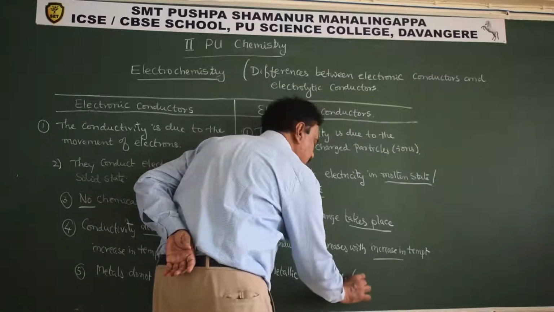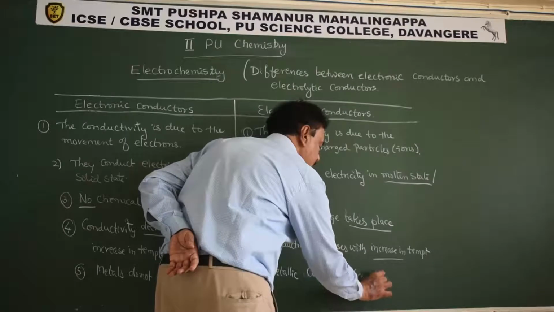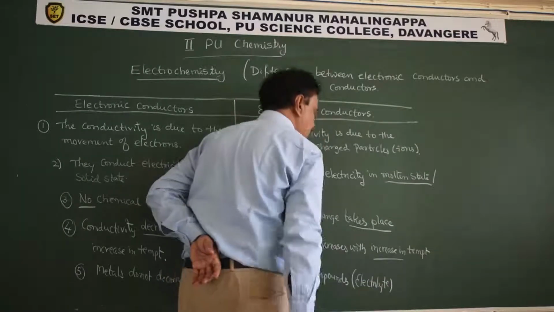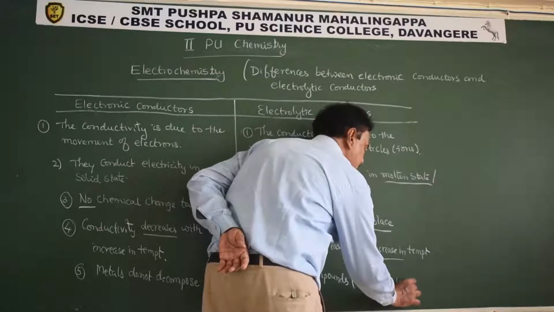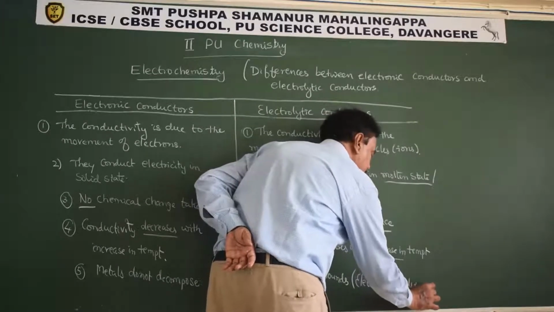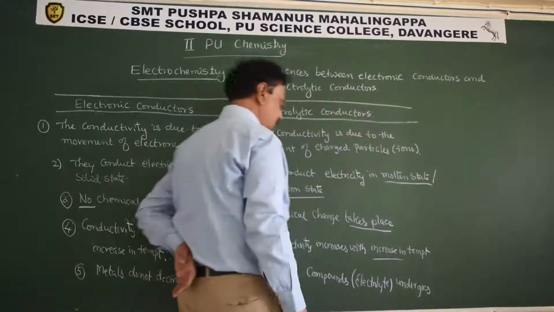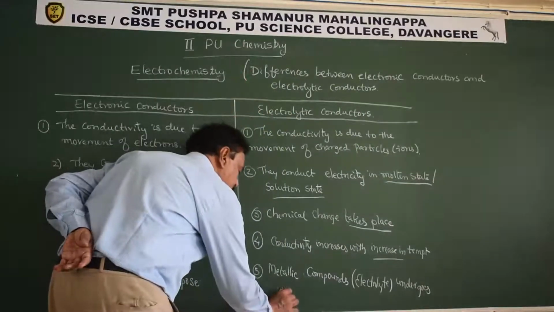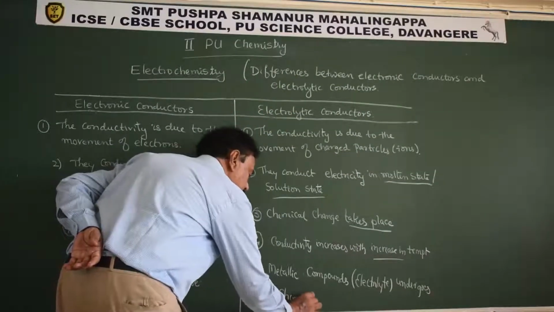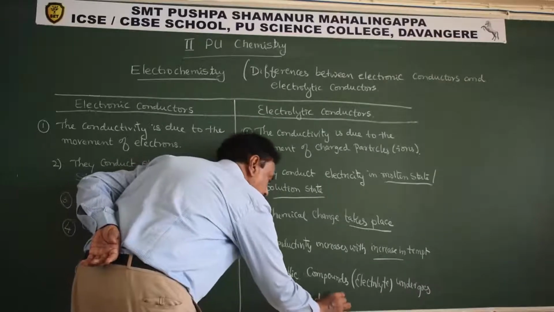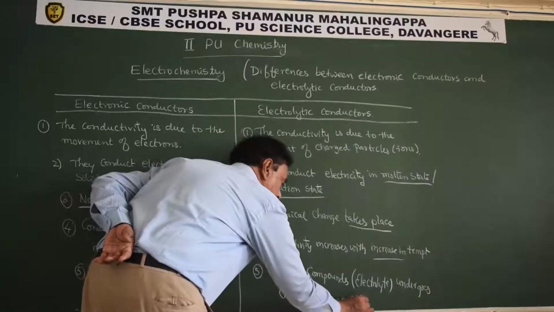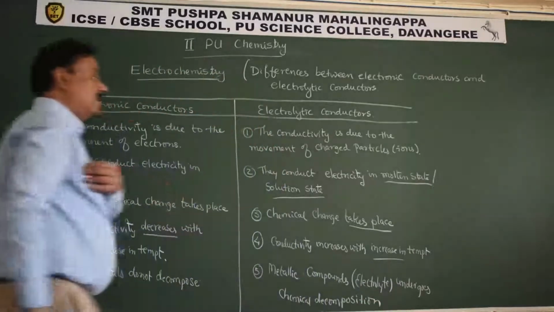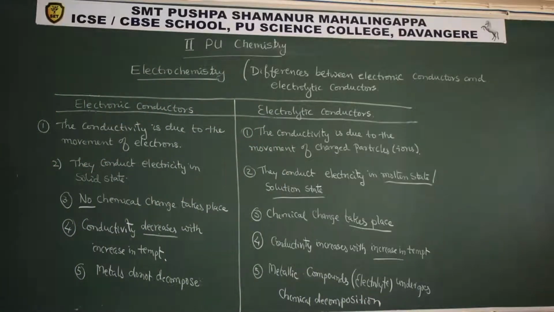Metallic compounds means electrolytes. Electrolytes undergo chemical decomposition. Then examples will be given.